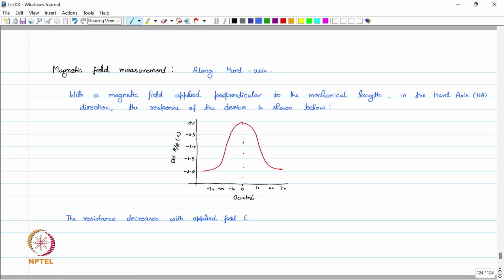The resistance is maximum at 0 applied field. The maximum change is approximately 2.5%.